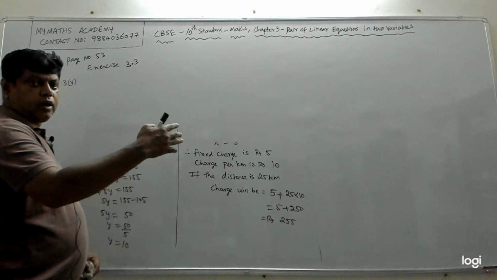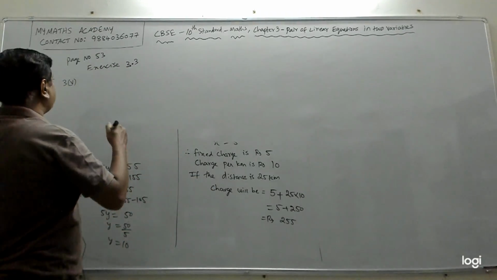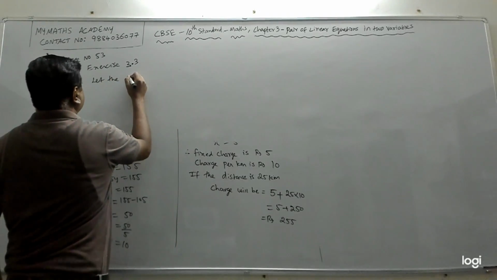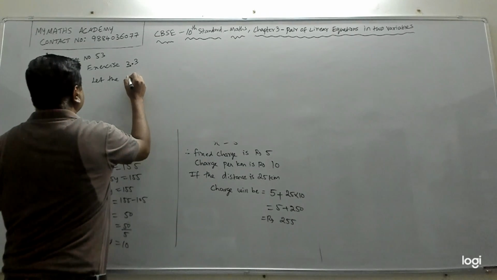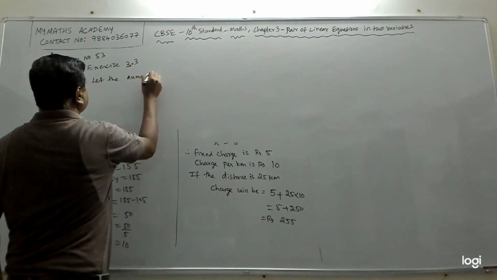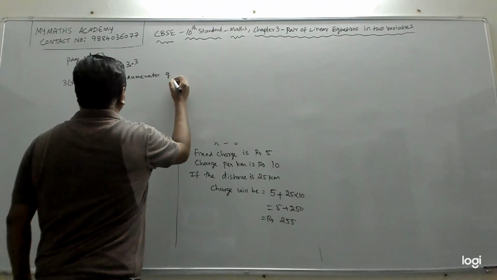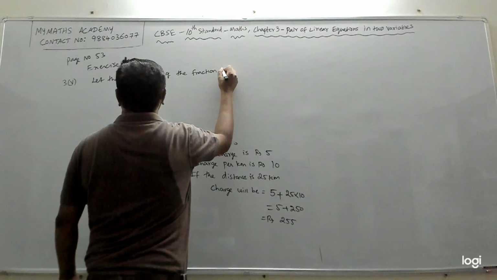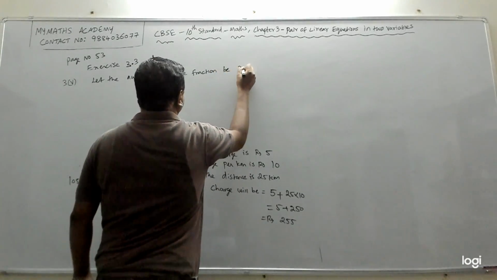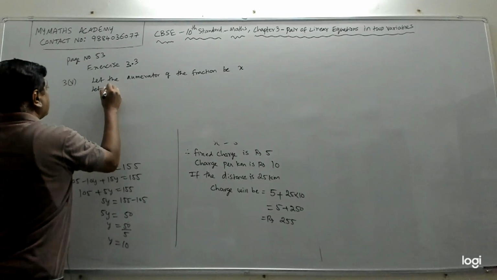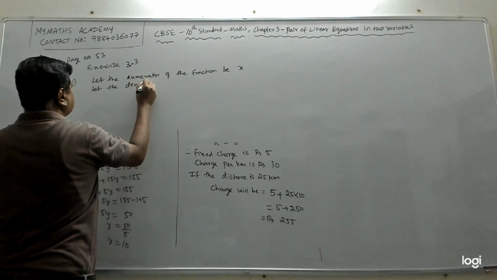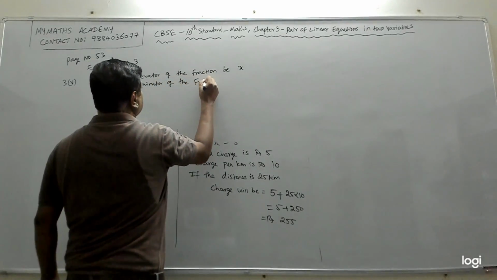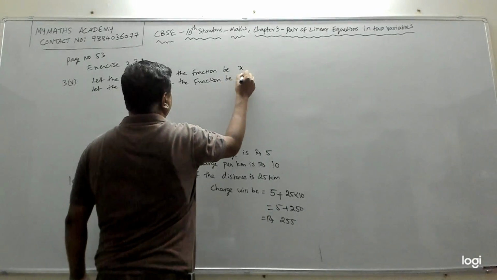A fraction will have a numerator and a denominator, and we don't know the fraction, so we will assume: let the numerator of the fraction be x, and let the denominator of the fraction be y.